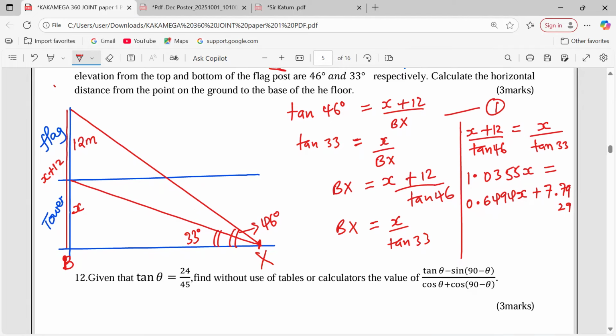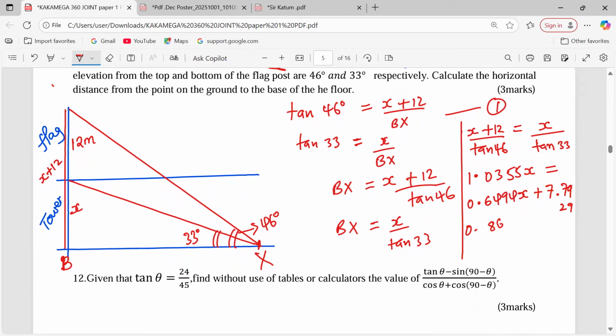Then we group terms together. We group the x together, so I can have tan 46 minus tan 33. We get 0.3861x is equal to 7.7929.